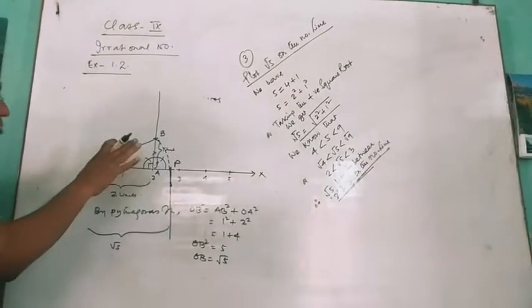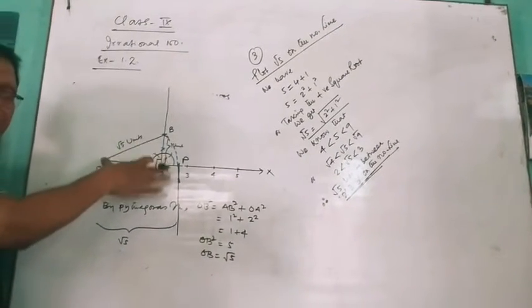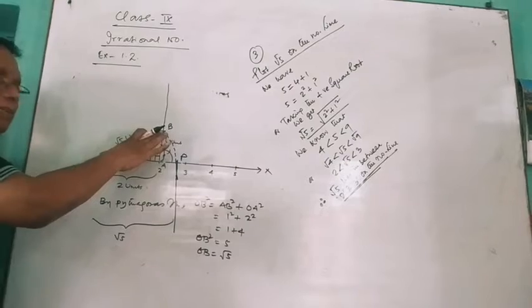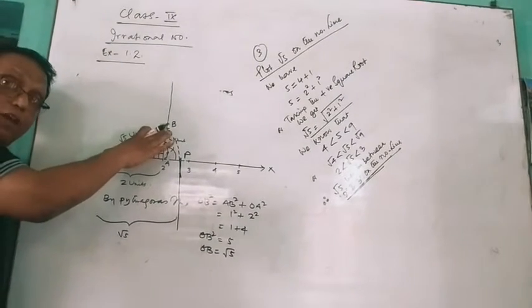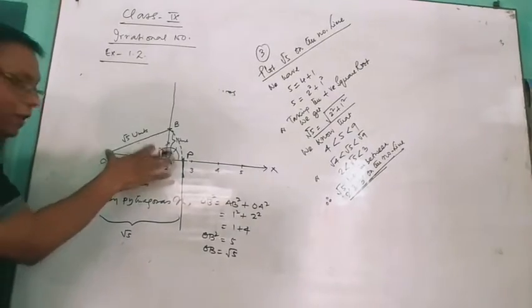Why is it so? Because O is the center, OB is the radius, and OP is also the radius of the same circle. OB is calculated as root 5 by Pythagoras theorem. Therefore, OP will also be root 5.